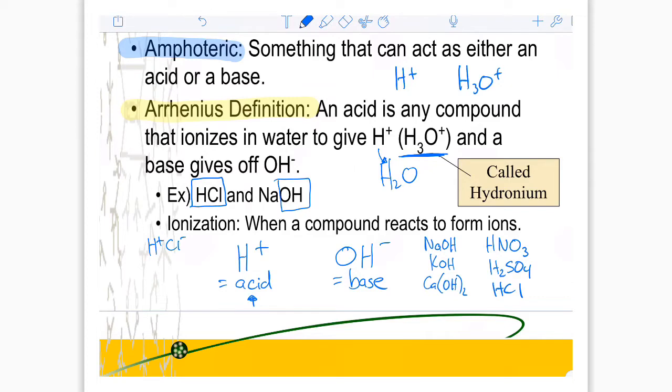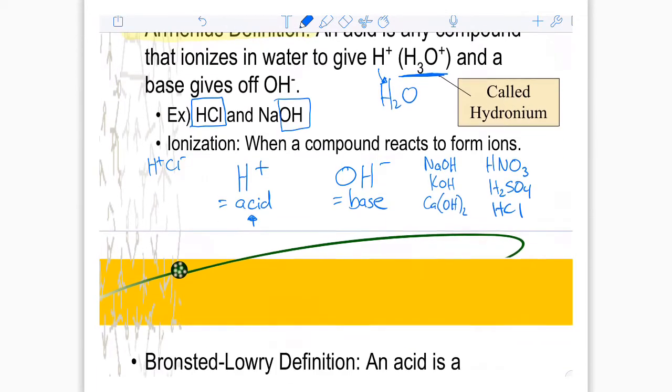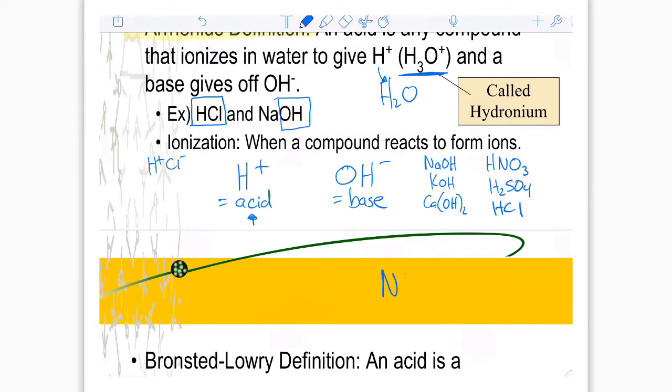But we run into a problem though. Occasionally, there's another chemical that we have used in class that is a base that does not have the OH on there. And that example is this guy, NH3. For those of you who've been paying attention, you know that this is an ammonia molecule. Ammonia is a base.